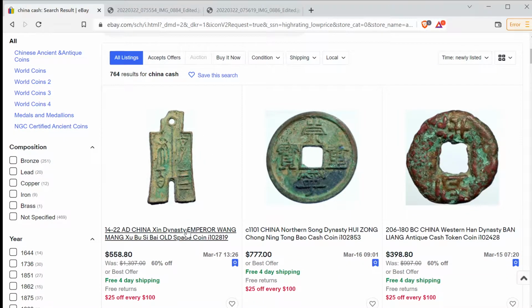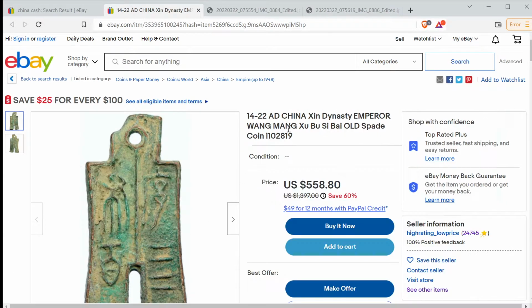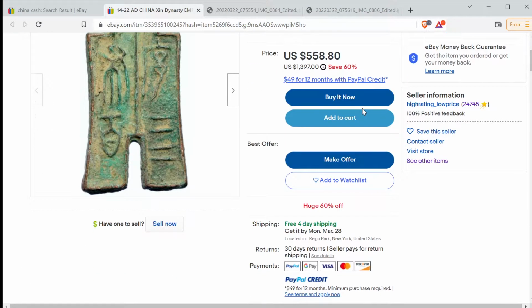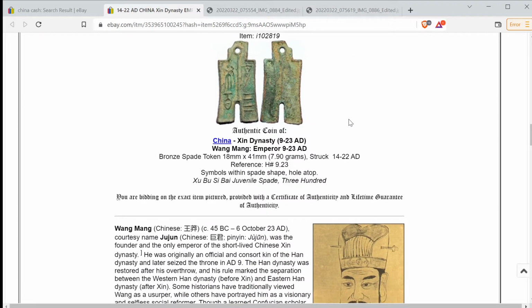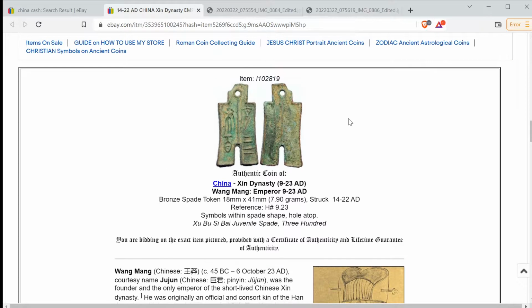So, for example, check out this 2,000-year-old Spade coin, Spade money type of coin. You see, guys, most of the time when you go online, you don't get as much useful information as you would when you had it referenced and researched by me, and its authenticity also guaranteed by me.